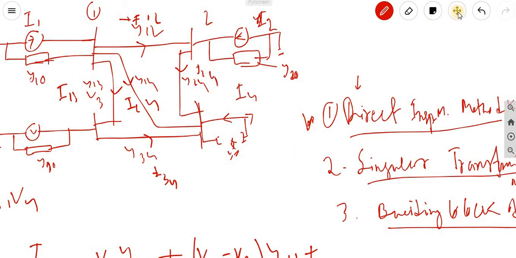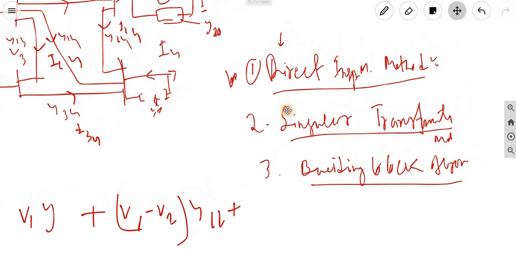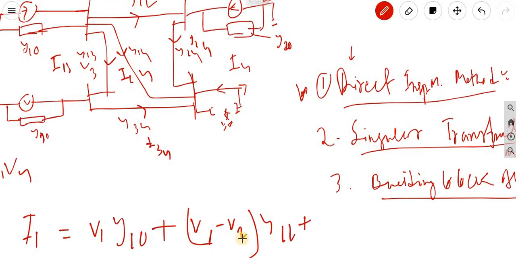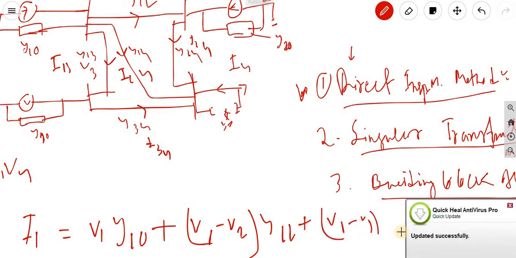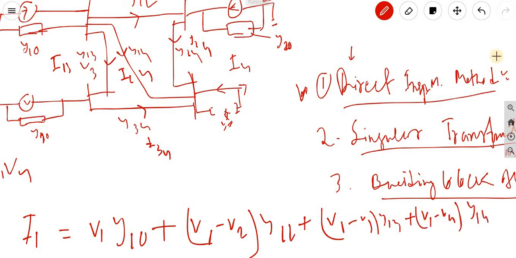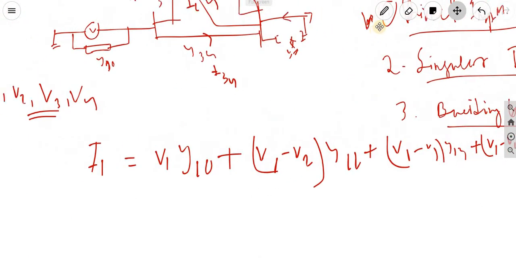Okay, so in such a case, (V1 - V2) y12, and (V1 - V3) y13, plus (V1 - V4) y14. So this is equation 1.